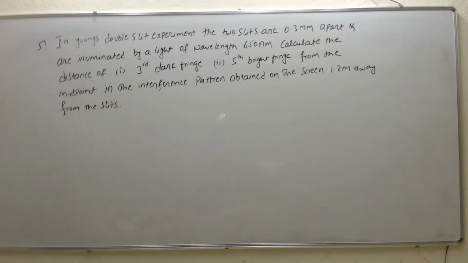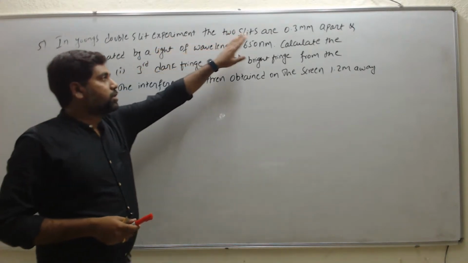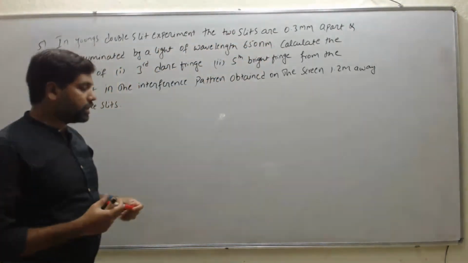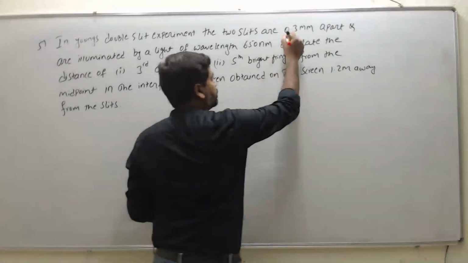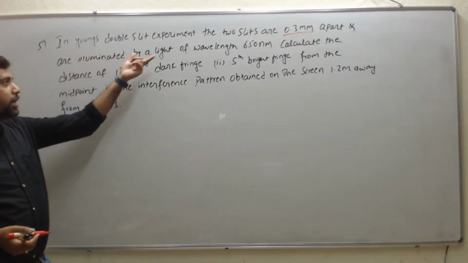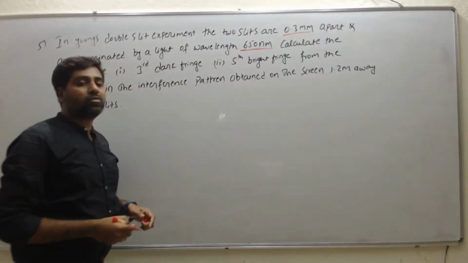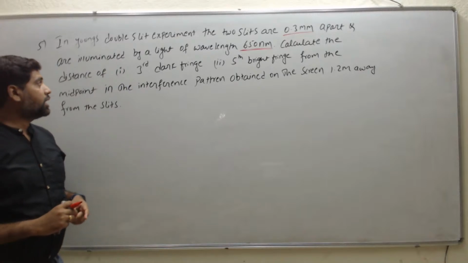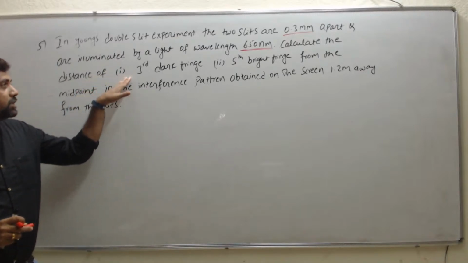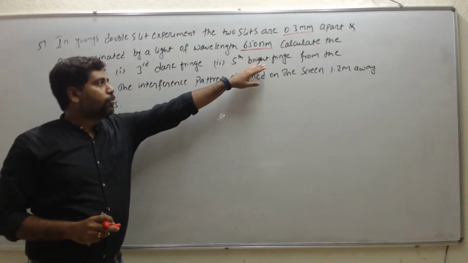So here in this question, here also the same experiment, Young's double slit experiment. Two slits are separated by distance 0.3 millimeter, that is small d, and are illuminated by a light of wavelength 650 nanometer, that is lambda is equal to 650 nanometer. Next, we have to calculate the distance of third dark fringe and fifth bright fringe.